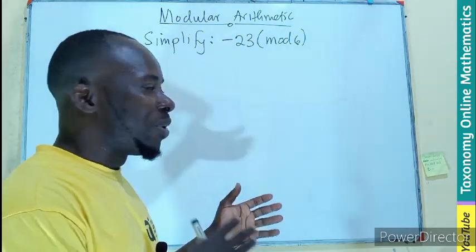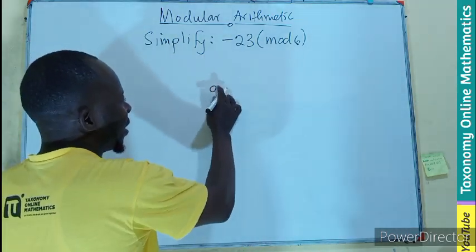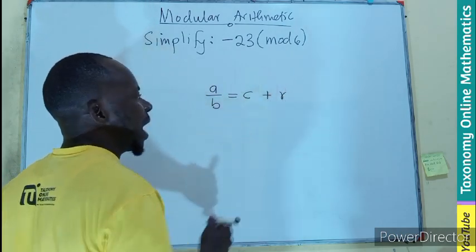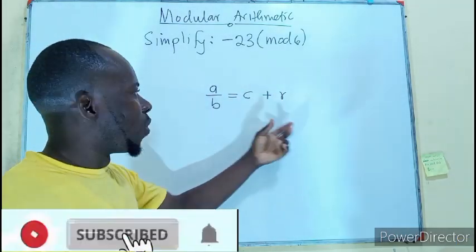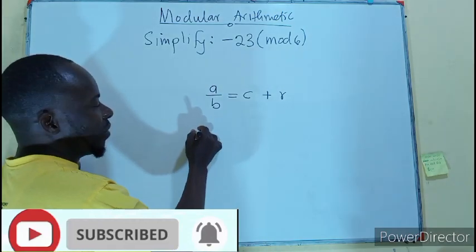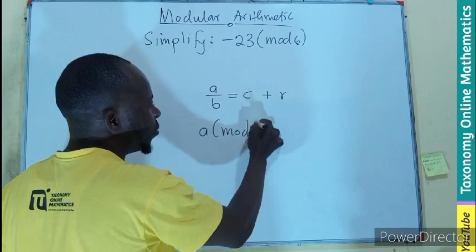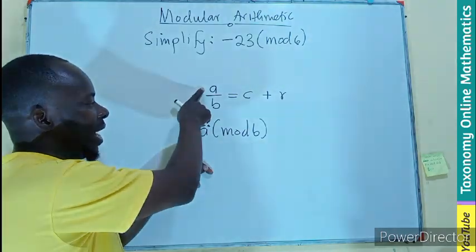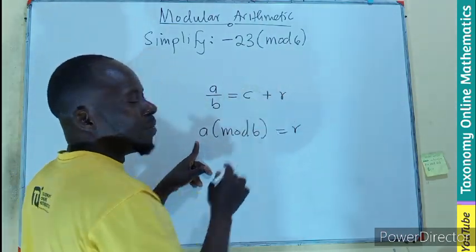Now, in the previous episode, we learned that if I have A divided by B equal to C plus R, R becomes the remainder. So this simply means we have A mod B, meaning I am dividing A by the modulus, and I'll be interested in only the remainder.